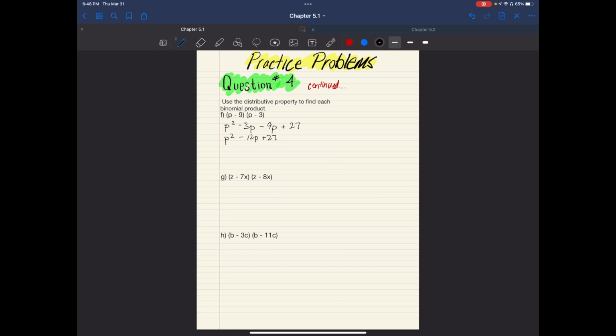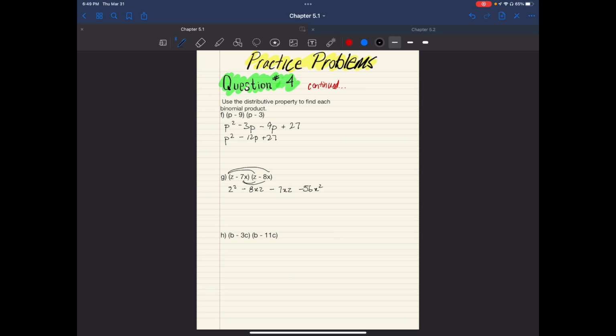Next we have, okay, we got two variables here. So we got to keep things organized. So z squared, right? And then we have negative 8xz. So z squared, negative 8xz minus 7xz minus 8 times 7 we know is 56, x squared.